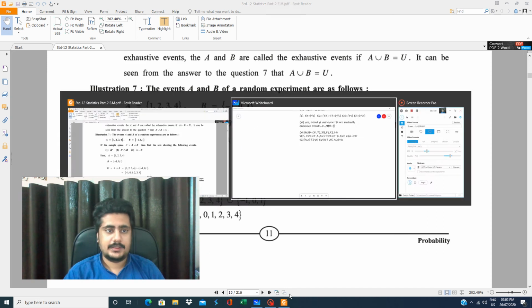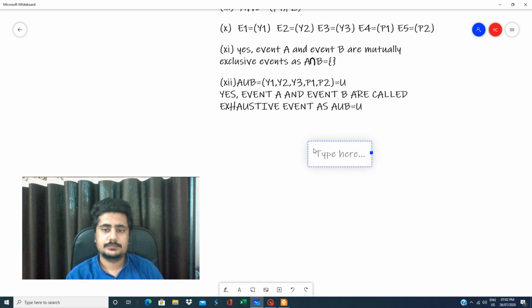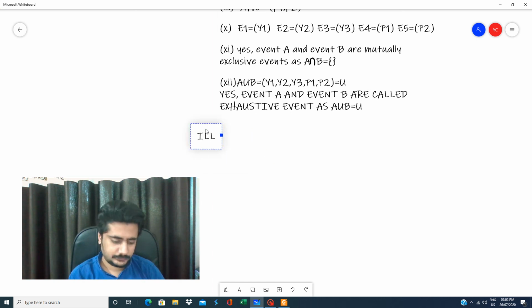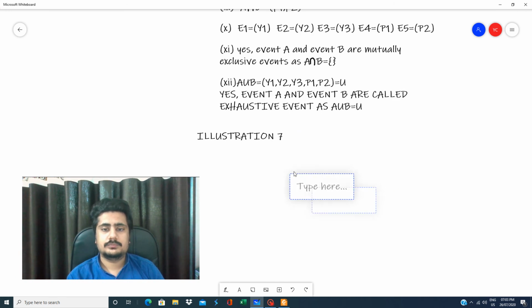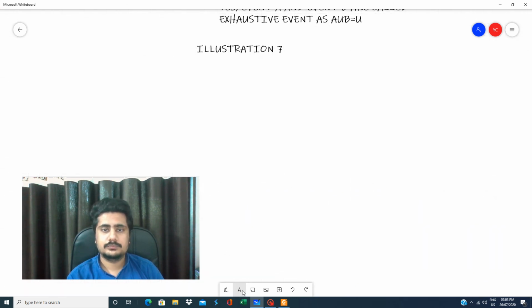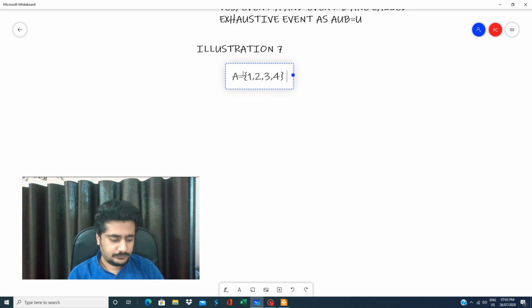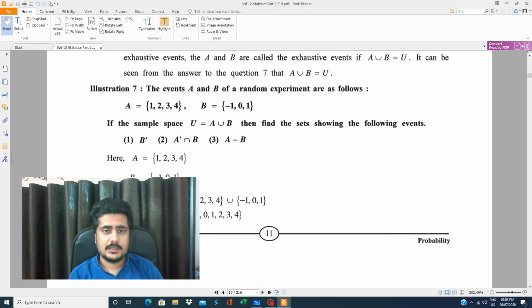Illustration number 7. Let us write the question. A is 1, 2, 3, 4. B is minus 1, 0, 1.